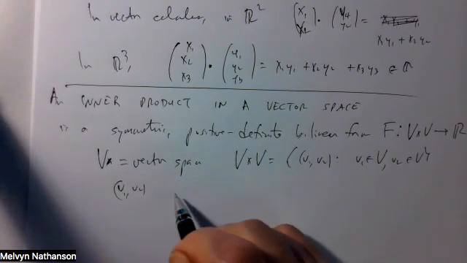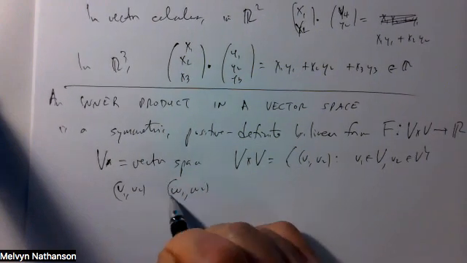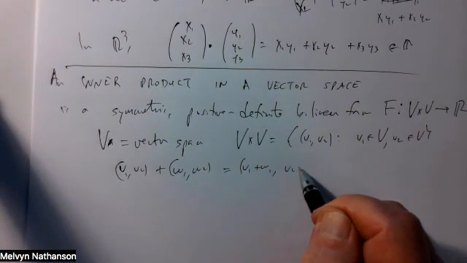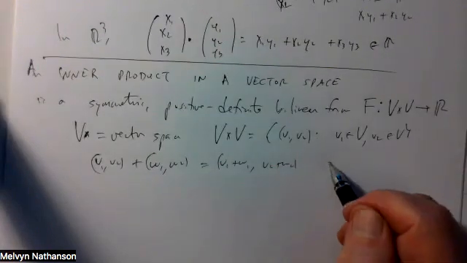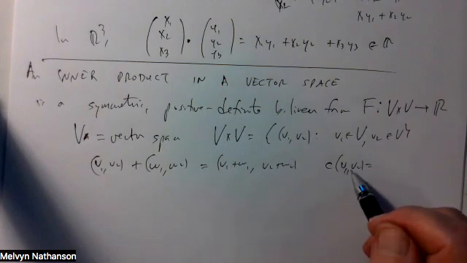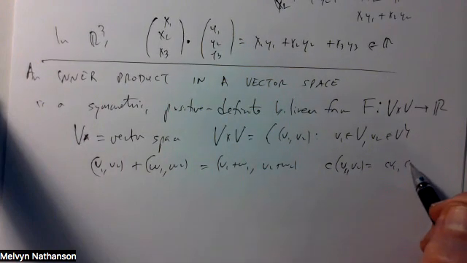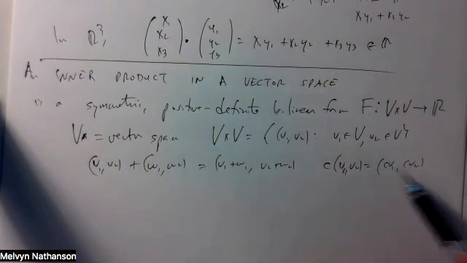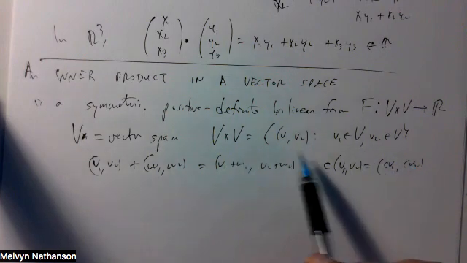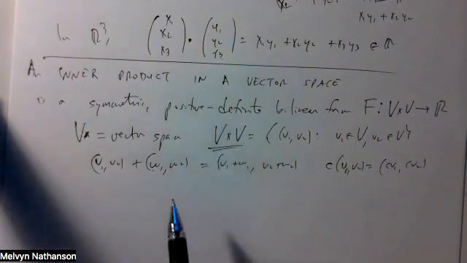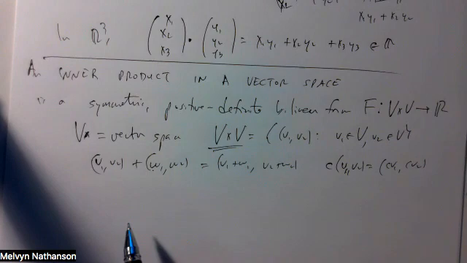You add the pair (v1, v2) and the pair (w1, w2) by adding coordinates, (v1 plus w1, v2 plus w2), and a scalar times (v1, v2) is (c v1, c v2), because V is a vector space over R. You can check that all the properties of a vector space are satisfied.